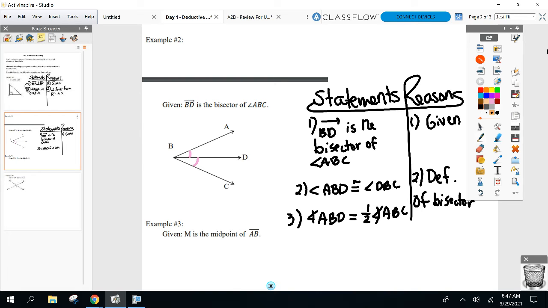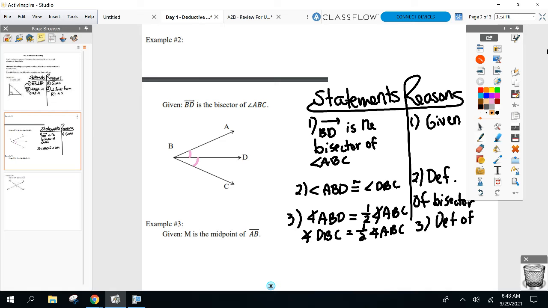And in the same statement, I can also put angle DBC is half of ABC. Why am I allowed to put 2 and 1? They're going to have the same reason here. How do I know they're half? Yeah, bisector again, definition of a bisector.